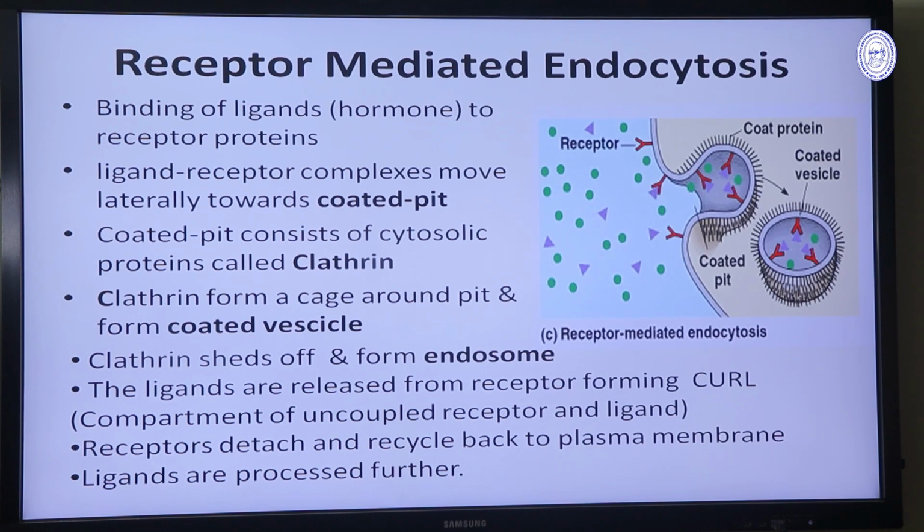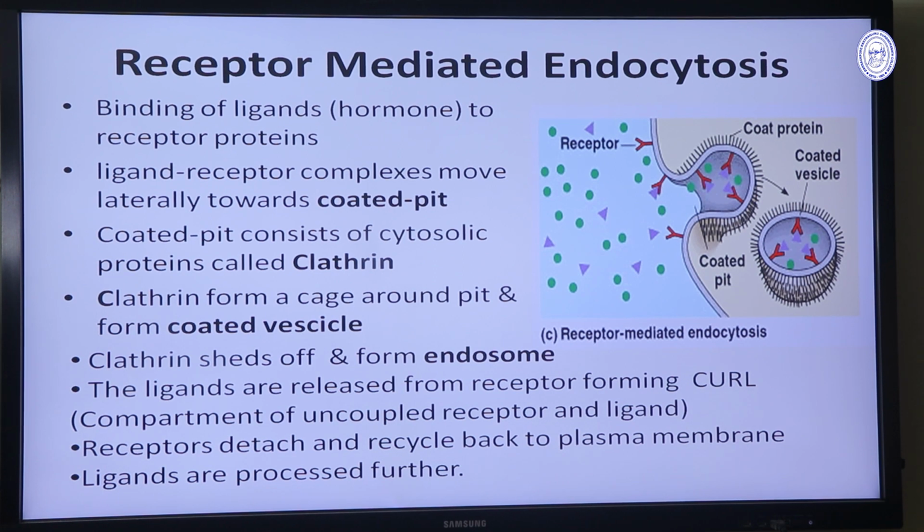Receptor mediated endocytosis basically uses different kinds of receptors. Receptors are present on the outside surface of the plasma membrane, and a specific type of ligand, that is a hormone or antibody, binds to the receptor proteins to form a receptor ligand complex.